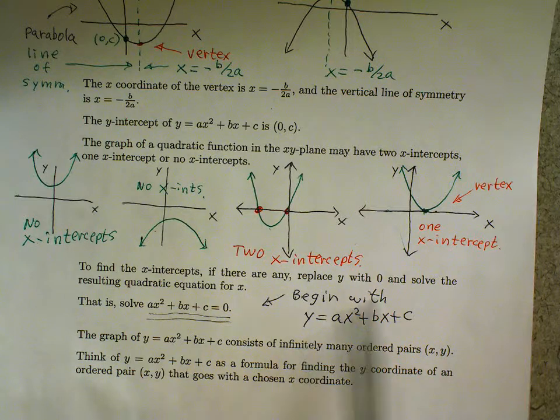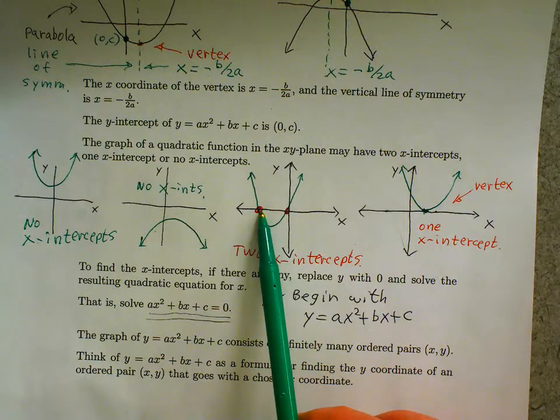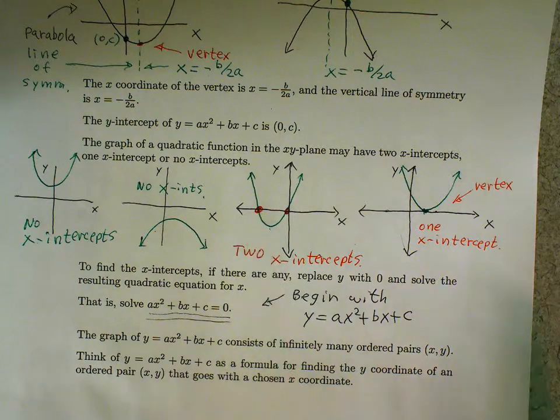So why do we replace y with 0 in order to find the x-intercepts? There has to be a reason. Why do we replace y with 0? Because when you're writing the ordered pairs, the x-axis point has 0 in the y place. Yeah, every x-intercept has a y-coordinate that's equal to 0.